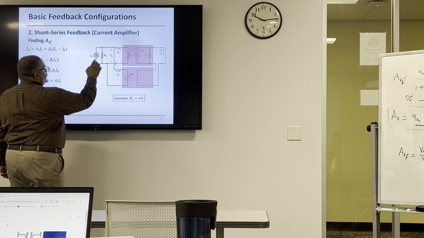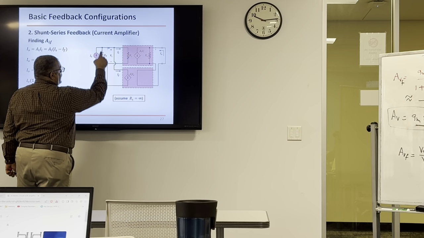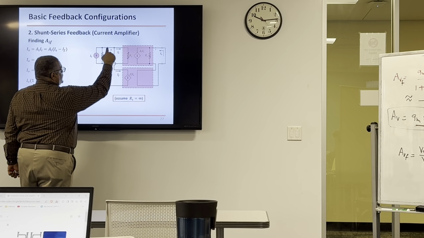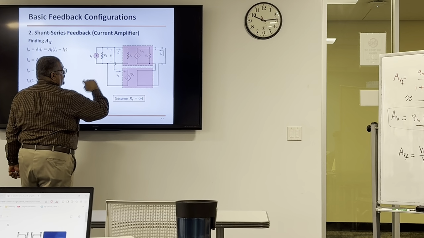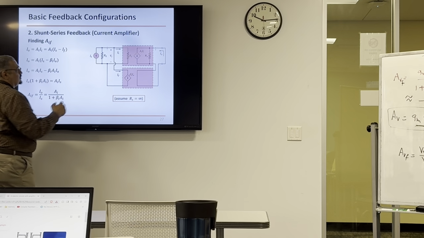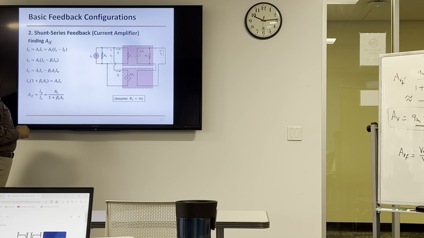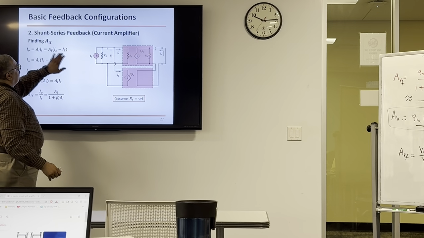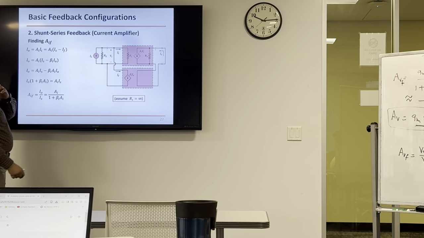So RS is very large, so this current will go this way, nothing is going to go here. If this is infinity, you can remove it. So IS is here. Part of it is going to go at IF, and the input to the amplifier is the current I sub I. Again, this is the same equation as the feedback block diagram. So II is IS minus IF.